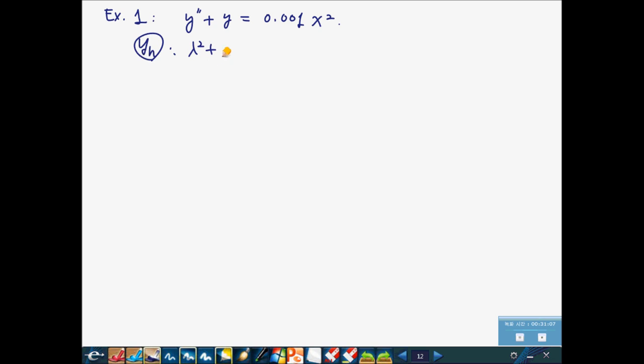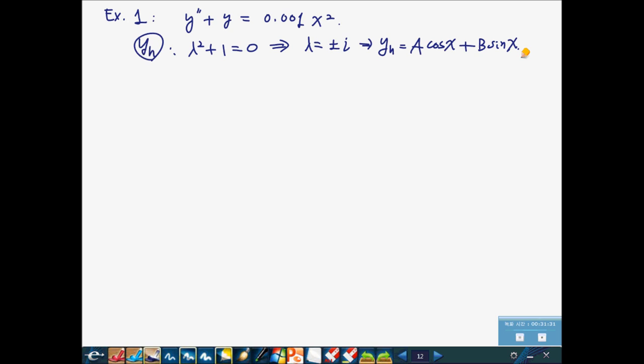So lambda square plus 1 is 0. So lambda is plus minus i. Okay, so you're gonna get complex. So our YH will be A cosine x plus b sine x. Okay, so it's a complex conjugate.